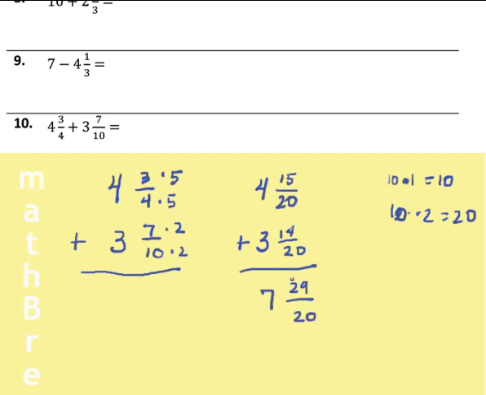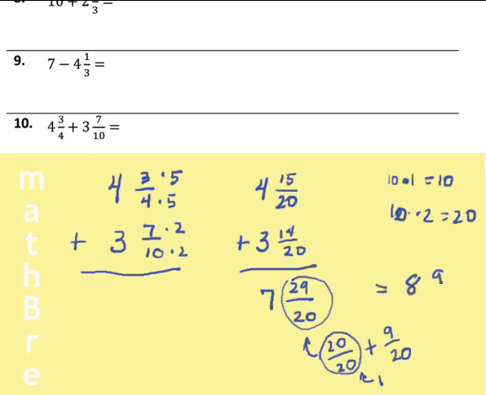Now this is an improper fraction. It's greater than 1. It's equal to 20 over 20 plus 9 over 20. And this is 1, and we'll add that to the 7, so we'll have 8 and 9 over 20.